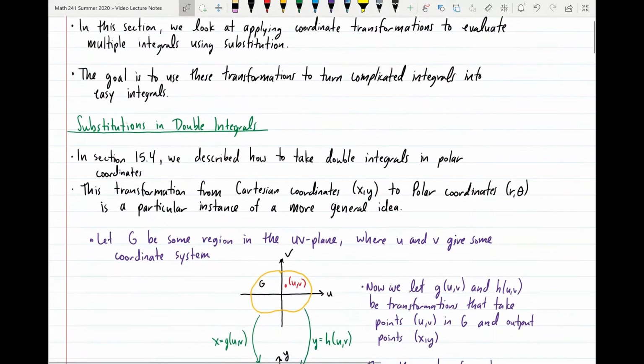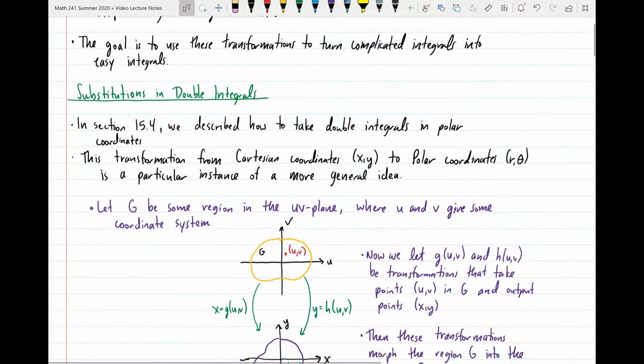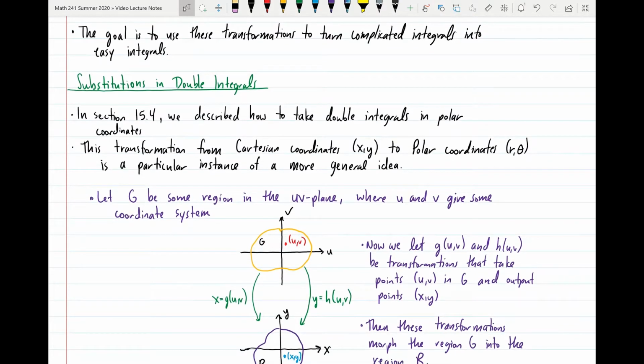Okay, so let's build up this notion of a coordinate transformation and then talk about how it relates to the double integral over a region. Remember back in section 15.4, we built up the notion of a double integral for functions and regions given in polar coordinates.